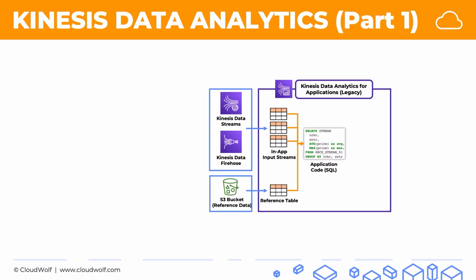You can also pull in data from a static S3 bucket, which would be reference data. So imagine the data you're streaming from Kinesis Data Streams or Firehose is about a computer game and what actions players are taking, and in that streaming data you only have the player ID and lots and lots of actions and things that they're doing.